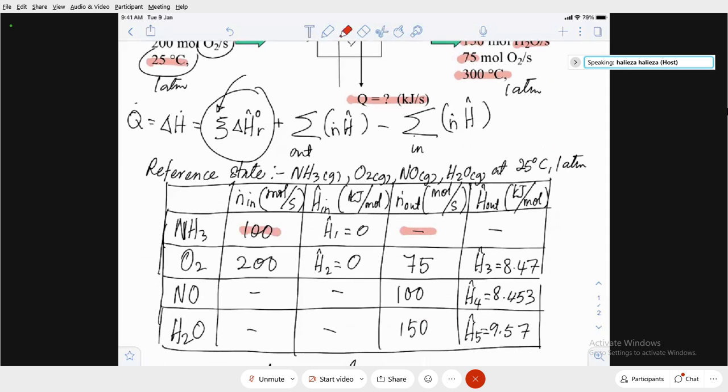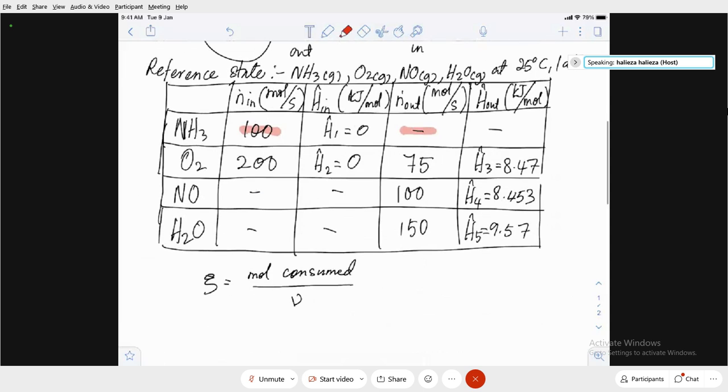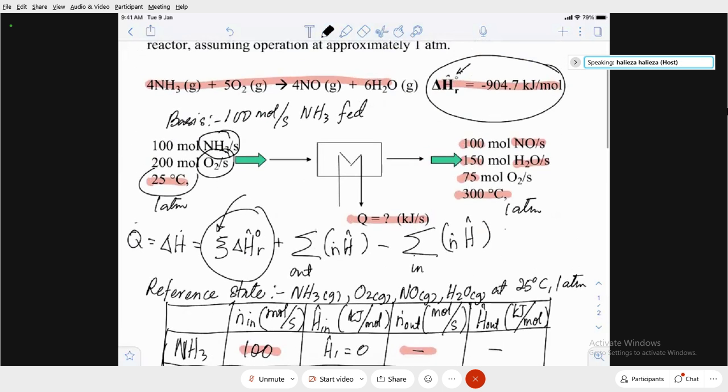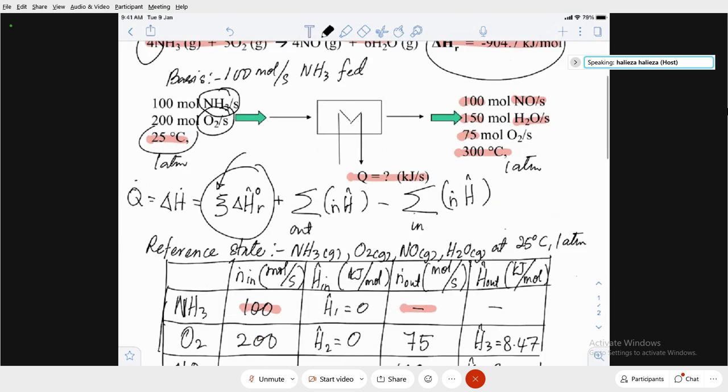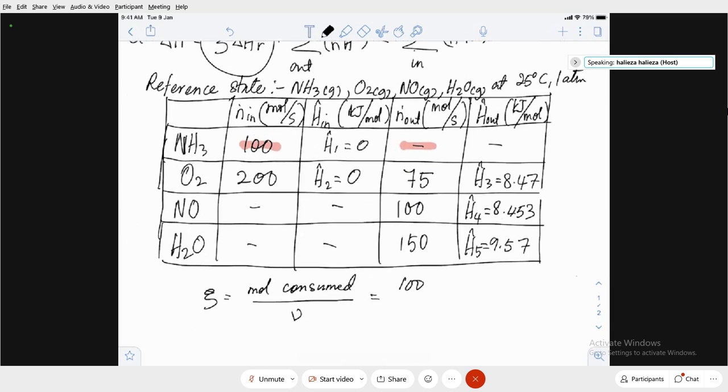So what do you think is the amount of ammonia being consumed? Anybody? 100. And what is the coefficient of ammonia in this equation? 4. Don't put negative there because we're just going to look at the number. If you have negative when you do the material balance, when you calculate the extent of reaction, no negative sign. That will be 25 mole per second. Okay. So that's going to be 25.